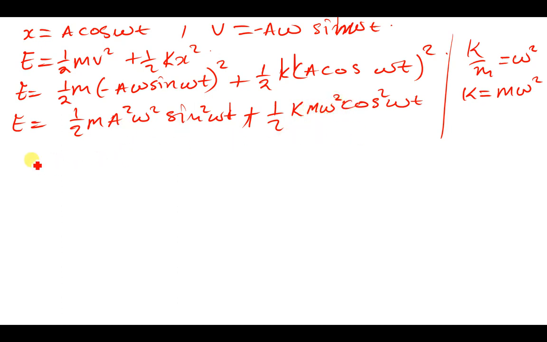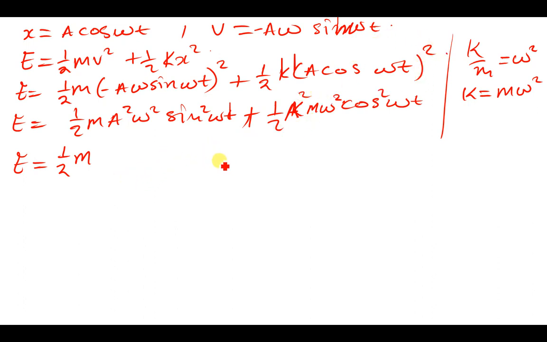Now we can factorize the common things. So we have half, then m is common. Oh sorry, I made a mistake, I erased a instead of k. I'm supposed to erase k, not a. So this a is also supposed to be squared there, since there's a squared outside.